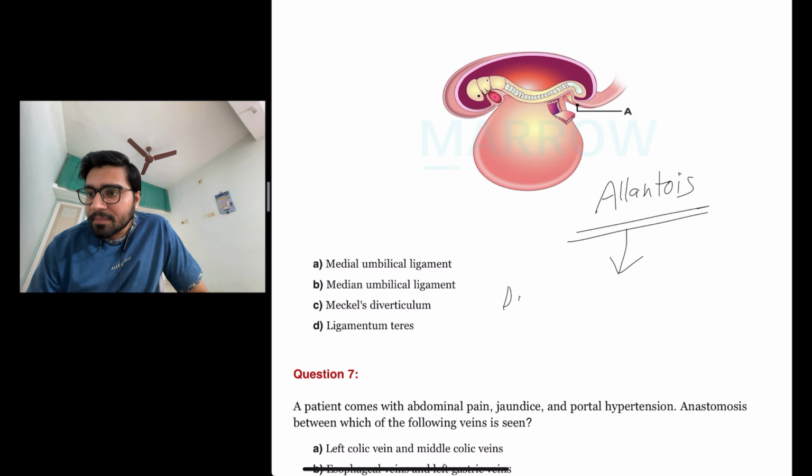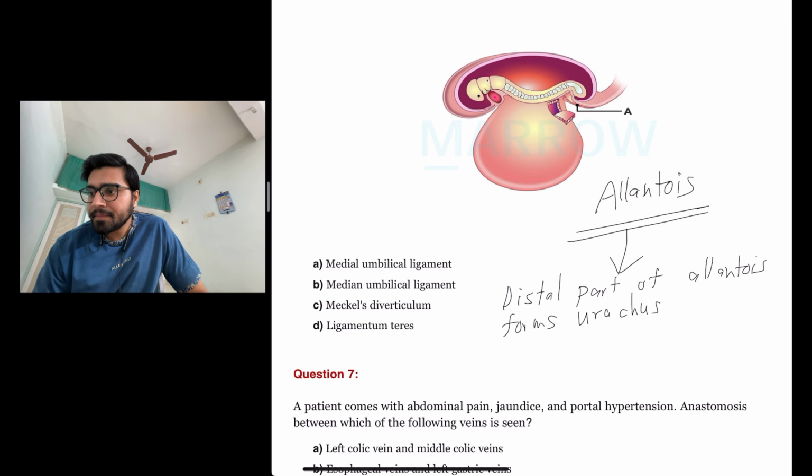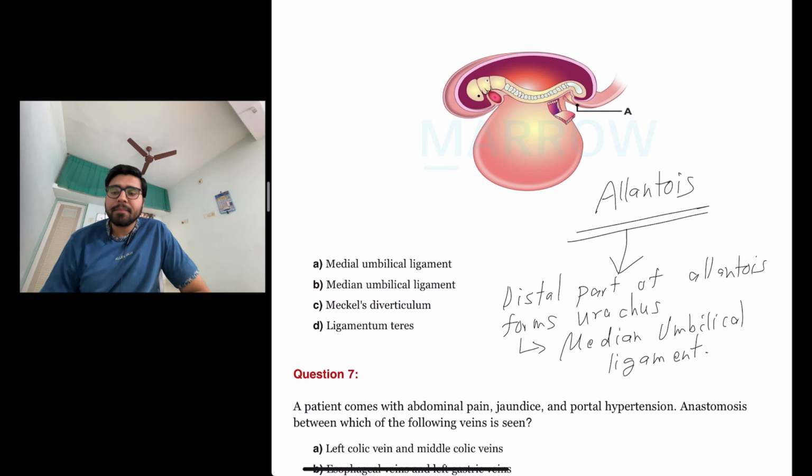The distal part of allantois forms urachus, and which will form median umbilical ligament. So the answer here is B, median umbilical ligament.